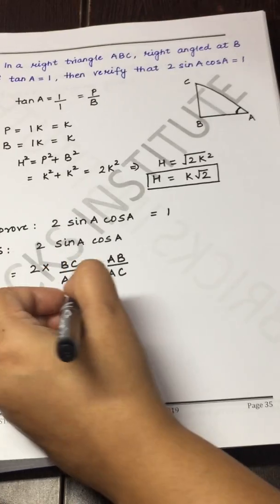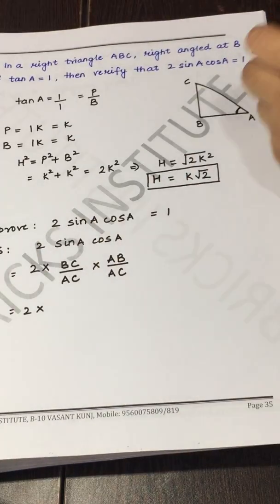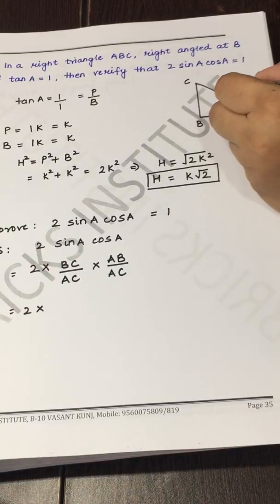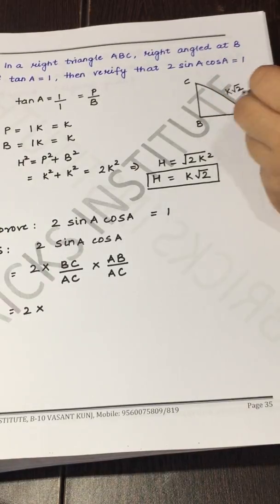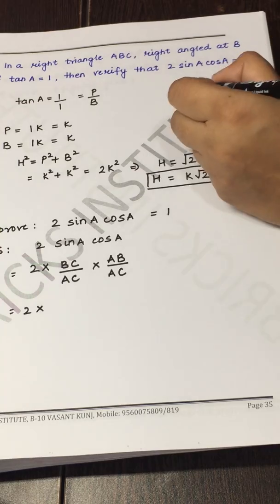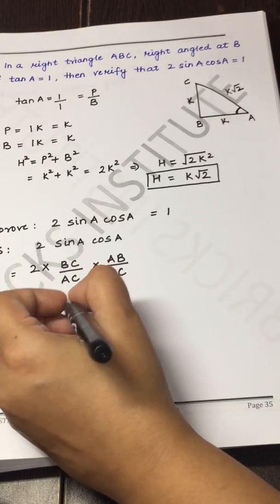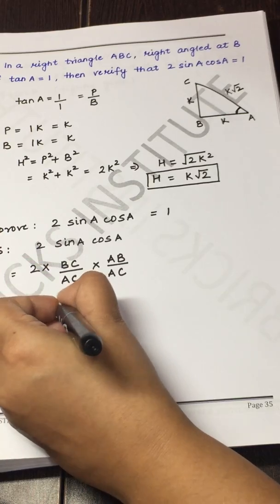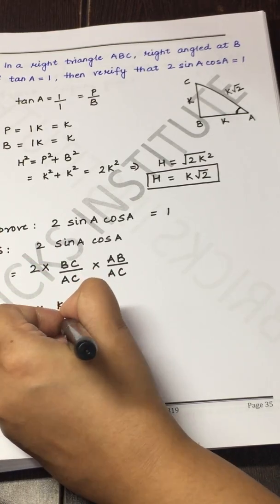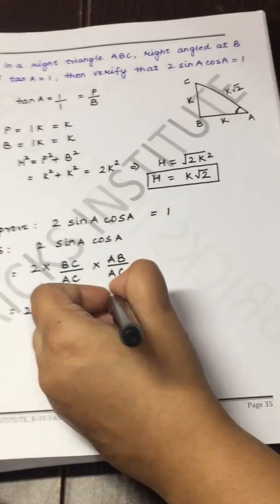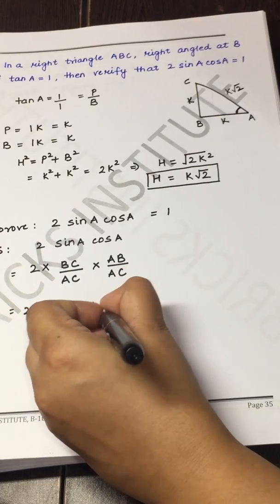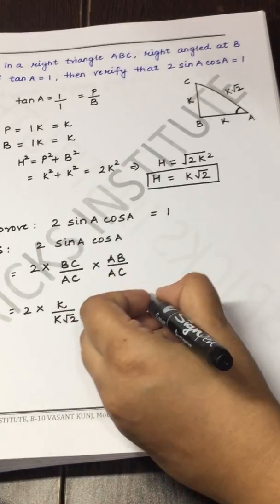Let's calculate the value. 2 into, what is BC? BC is k root 2. This is only k and this is also k. Let's substitute the values now. So BC is k upon k root 2 into k upon k root 2. So let's calculate.